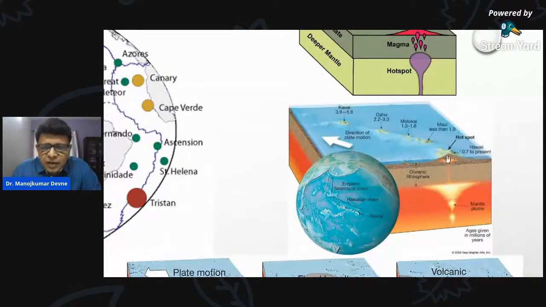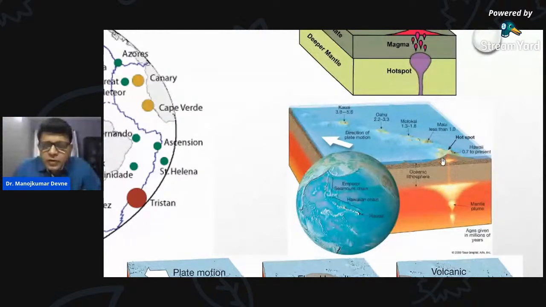You'll see that the present Hawaiian island is here, but the other islands, the Pacific plate is moving, and the mantle plume is giving the supply of magma, and it keeps on coming up. I would say the movement has stabilized significantly.